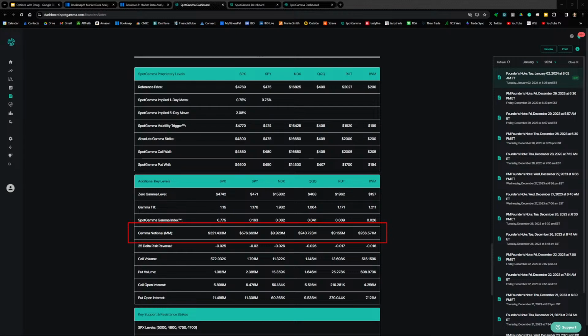In a positive gamma environment, this indicates traders are short calls, market makers are long calls. That's what Spotgamma assumes. So they have to trade against price to hedge their delta exposure. And note these numbers did all shift lower from Friday. So they're still positive, but less positive than Friday.